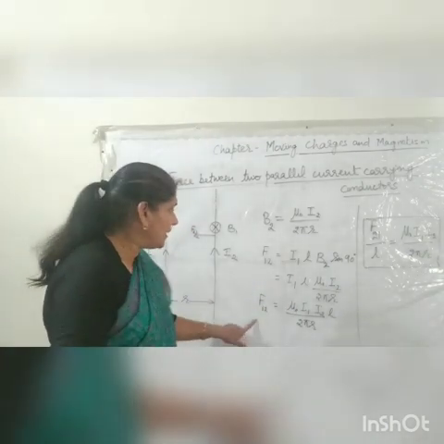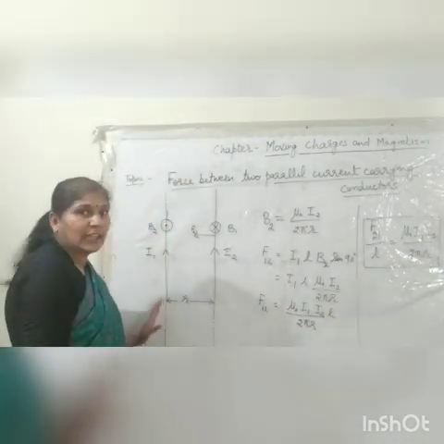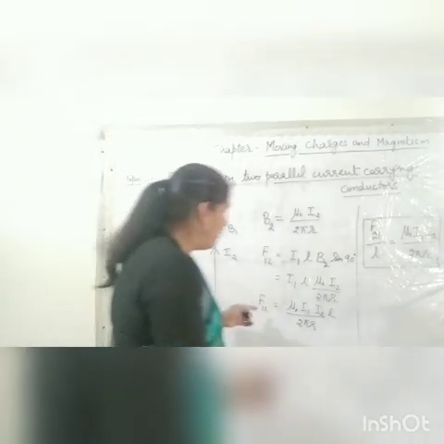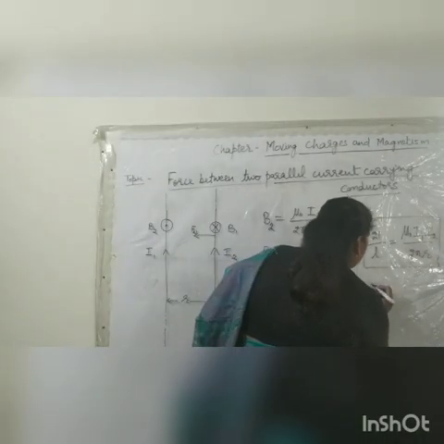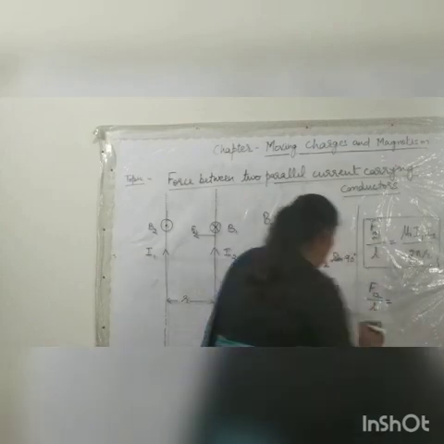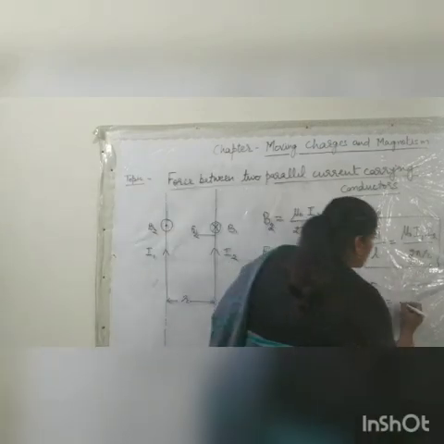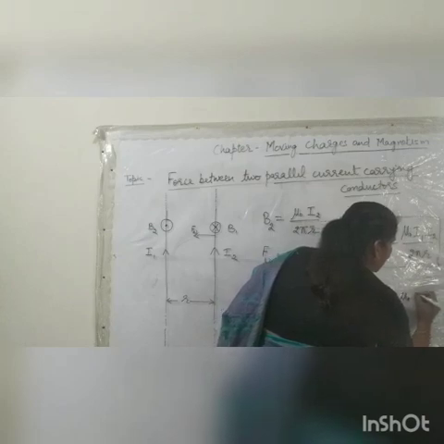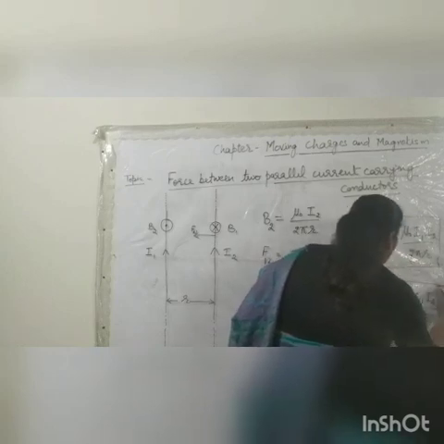Or if we take force per unit length of conductor 1, F12 upon L, it is mu naught I1 I2 upon 2 pi r.